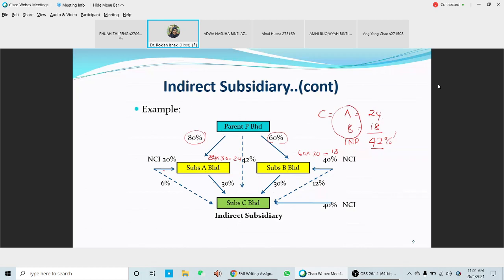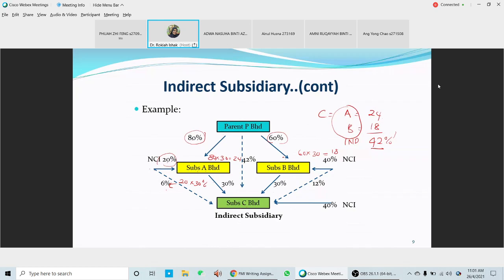Okay, for the NCI here, in A, parent has 80%, so NCI has 20%. So NCI indirectly has 20 times 30, which is 6%.